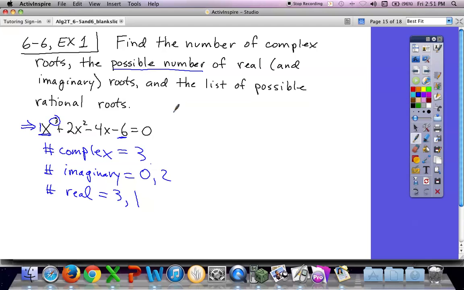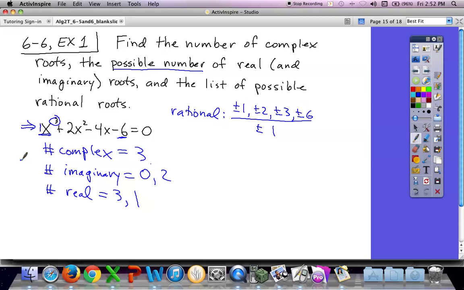So the possible rational zeros come from this list: plus or minus 1, plus or minus 2, plus or minus 3, plus or minus 6, divided by plus or minus 1. So what are they? The only thing we got in the denominator is a 1. So the possible rational zeros are plus or minus 1, plus or minus 2, plus or minus 3, plus or minus 6.